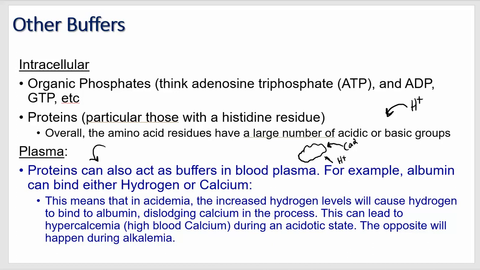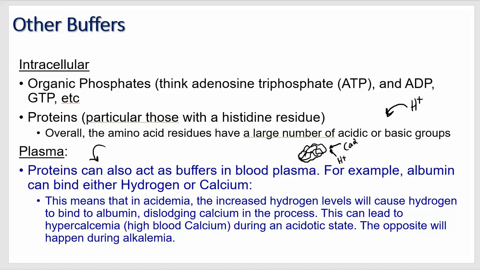And so if hydrogen levels are high, then it will bounce calcium off and the hydrogen will take the place of the calcium. If calcium levels are high, then it'll bounce that hydrogen off and take the place of the hydrogen. So basically they're both competing for the same binding sites.